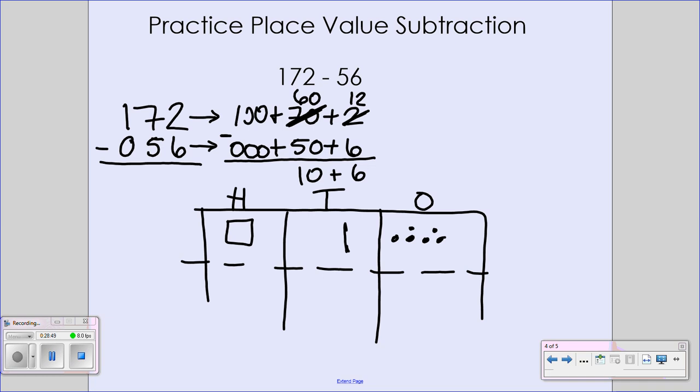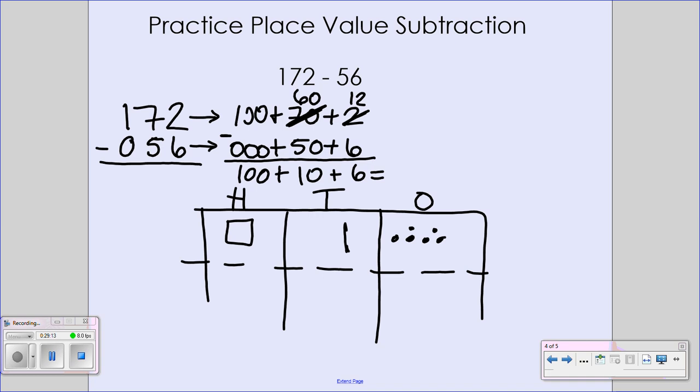Alright, let's go over to our hundreds. I have 100. Subtract 0 hundreds. What is that going to be? 100. That picture stays the same. And I just write 100 again. Put that back in standard form.